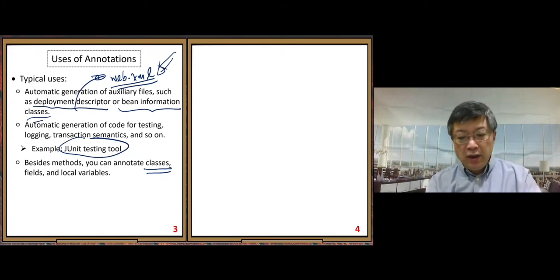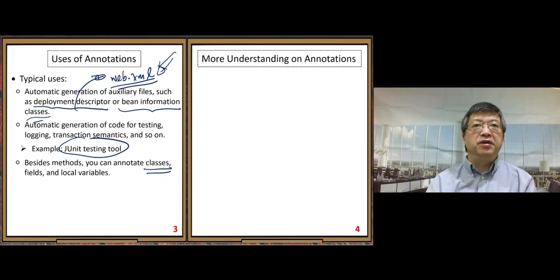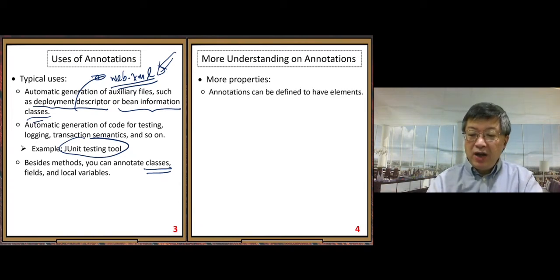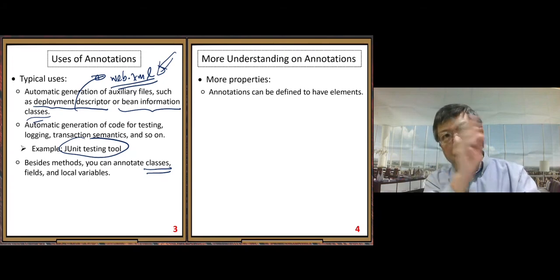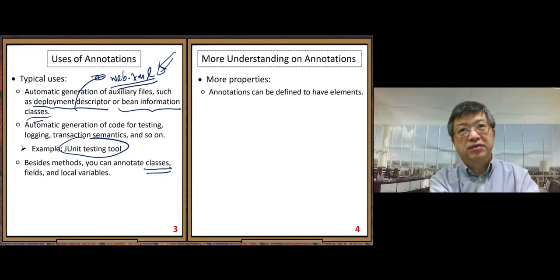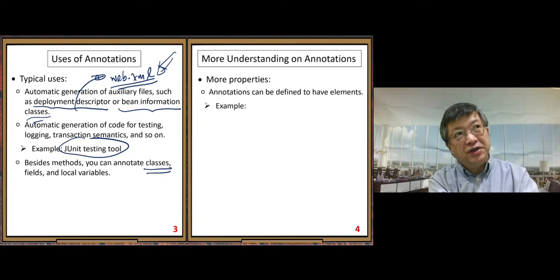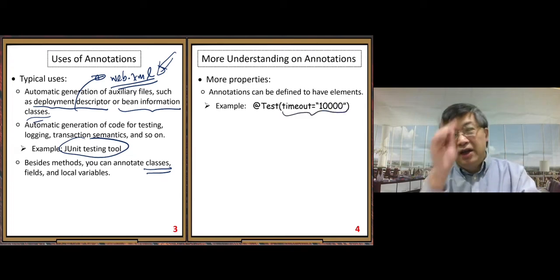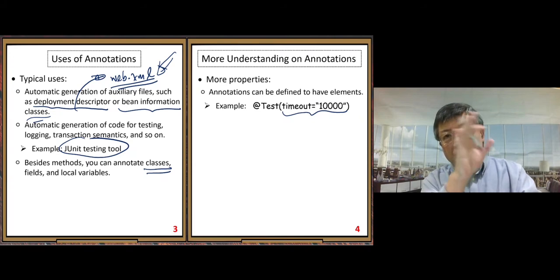All right. More understanding of annotations. More properties. First, annotations can be defined to have elements. Not the details inside annotations, but how do we write annotations? We need to learn more details there. Here in this example, you can see annotations have elements, attributes, values, key-value pairs.